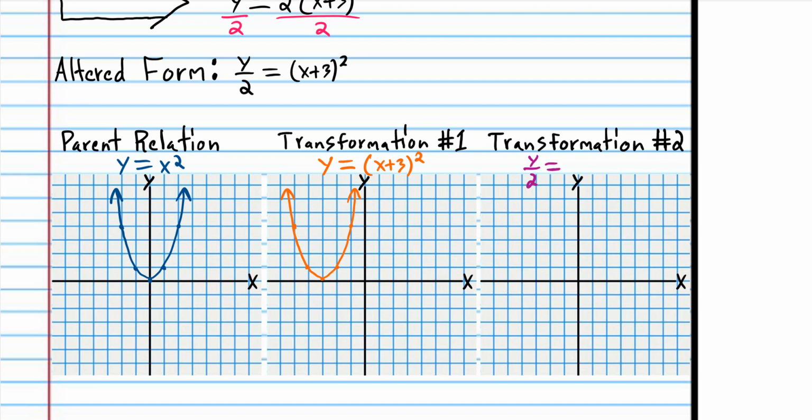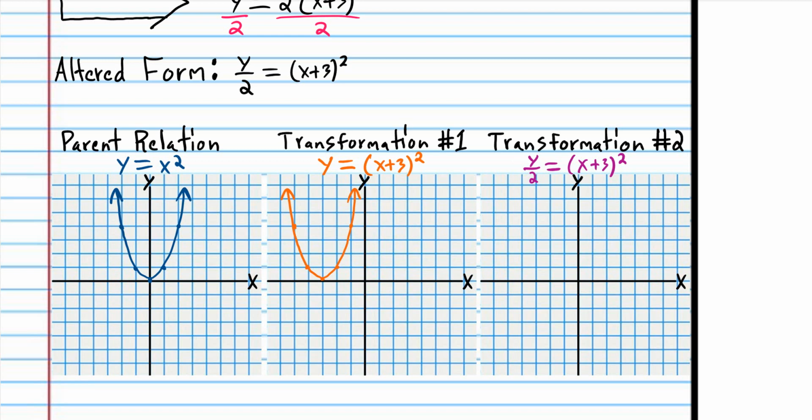And you don't have to use these colors, like I said. Don't get carried away with colored pencils or colored pens. This is more for your benefit to see what's going on here, but you don't need to have these colors when you're doing your homework. Okay, so replacing y with y over 2 means you're going to multiply all the y values by 2.